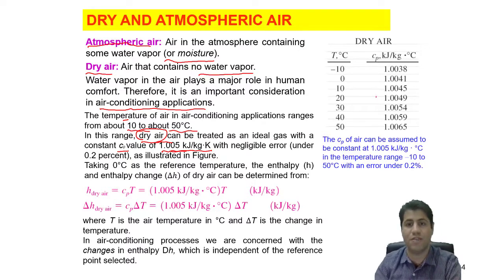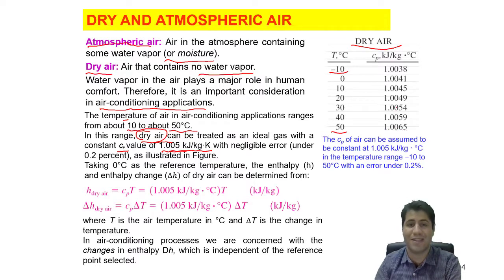You can see here in this figure as well. For dry air, the specific heat capacity from a temperature of negative 10 degrees Celsius to 50 degrees Celsius changes like this. It starts from 1.0038 kilojoule per kilogram degree Celsius and goes until 1.0065.